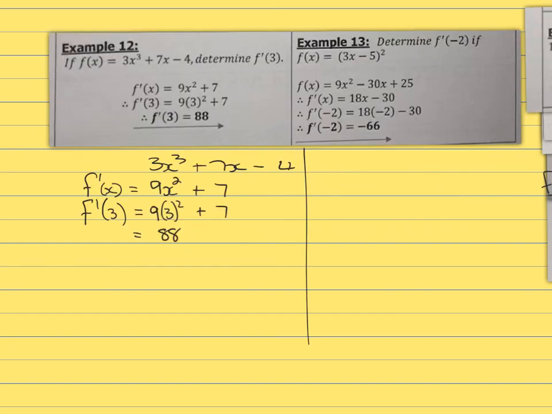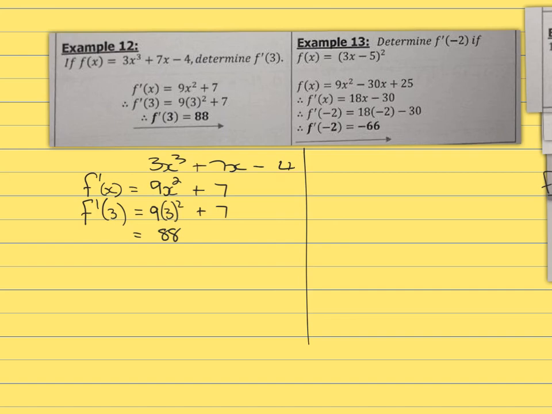Okay, what happened here is they gave you fx is equal to that. And now they want you to determine when the derivative is 3. But if you remember, when we were working with the first principle, we would always find the derivative of x first before we replace the 3. So this is exactly what we've done here.